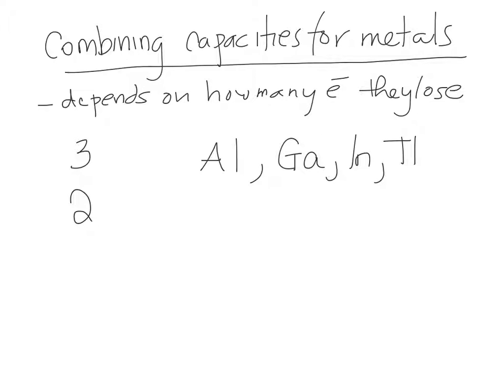Number 2, who's got a combining capacity of 2? Who wants to give up 2 electrons? Beryllium? Who else? Kyle, give me one more. Magnesium. What do we call that whole column?